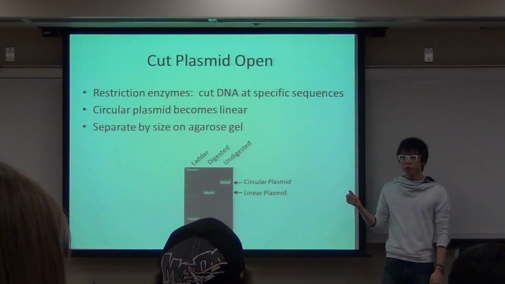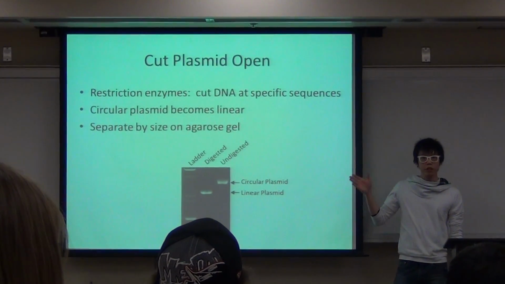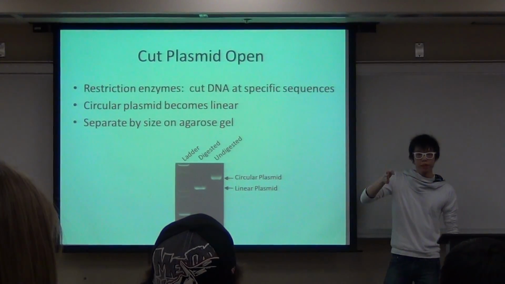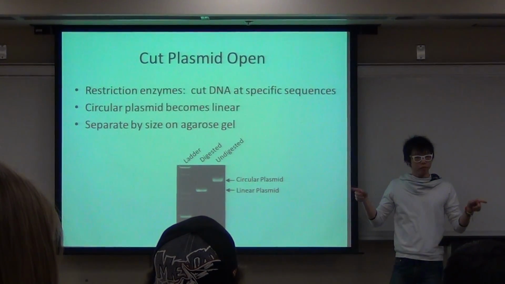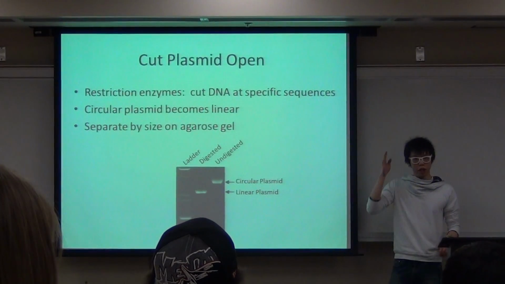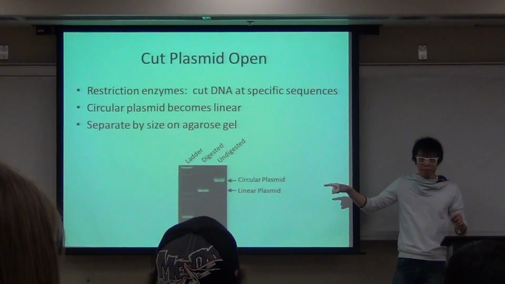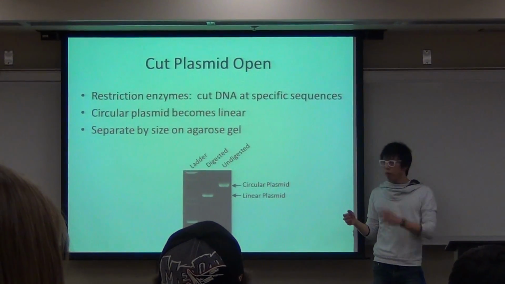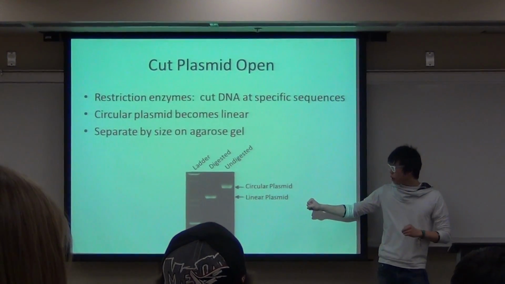So you can use any of those 4 restriction enzymes that I pointed out earlier, and it'll cut it. So you cut the circle, it'll turn into a line, essentially. You have circular DNA, cut it once, it'll be linear DNA. And then, because all your DNA is linear, you can now run it on a gel.